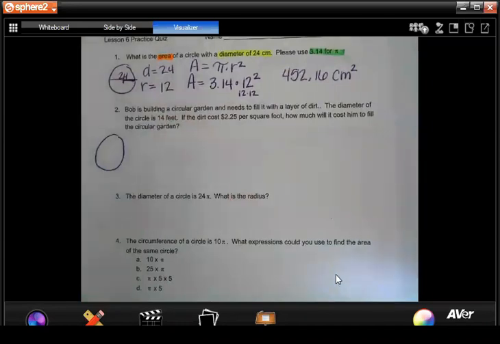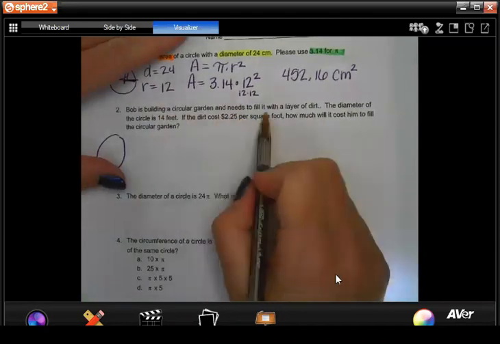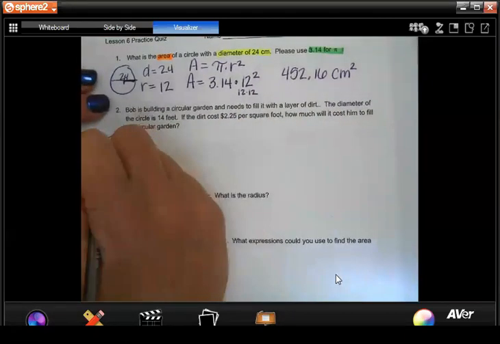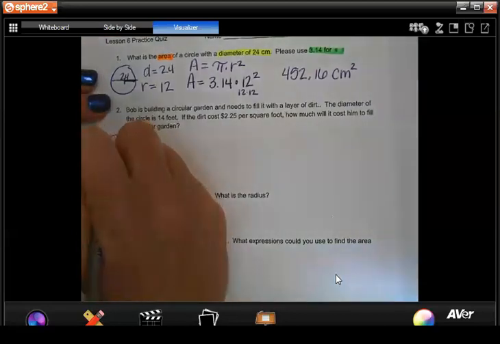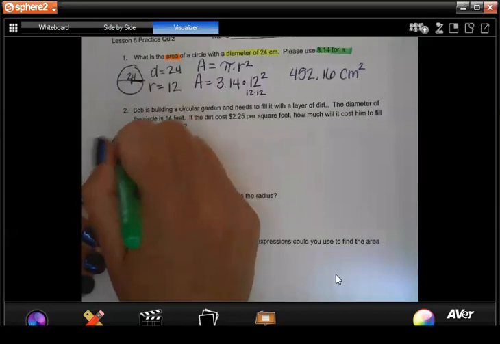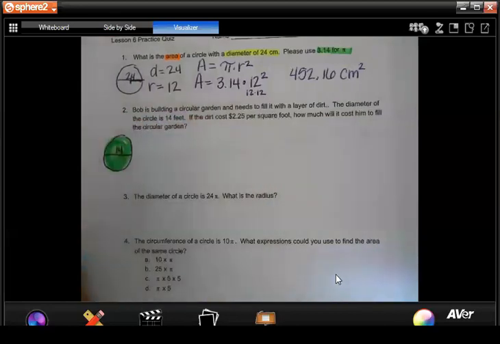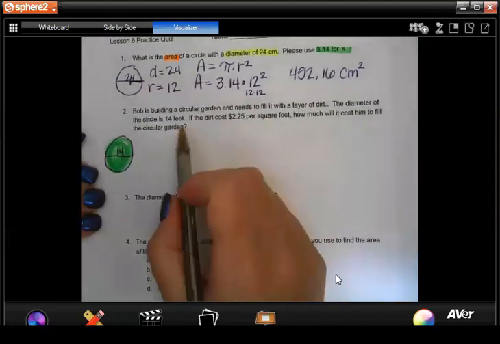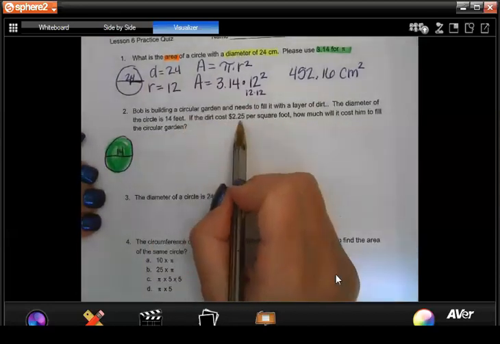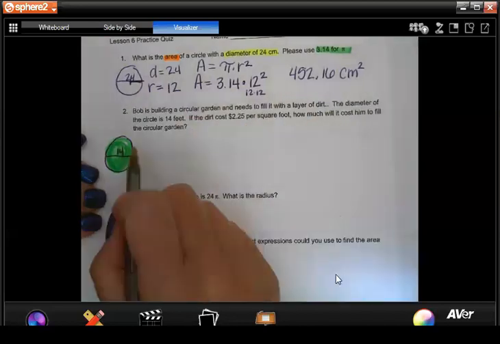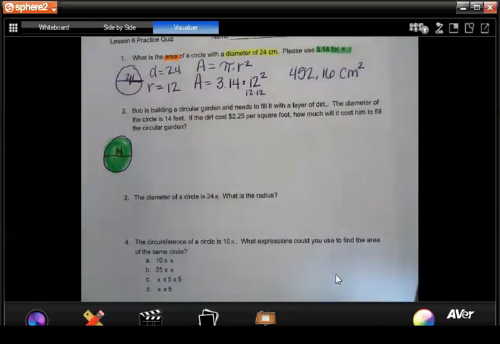The diameter of the circle is 14 feet. Now keep in mind, if he has to fill it with dirt, that means he's filling this whole thing. So that must mean area. If the dirt costs $2.25 per square foot, how much will it cost him to fill the circular garden?